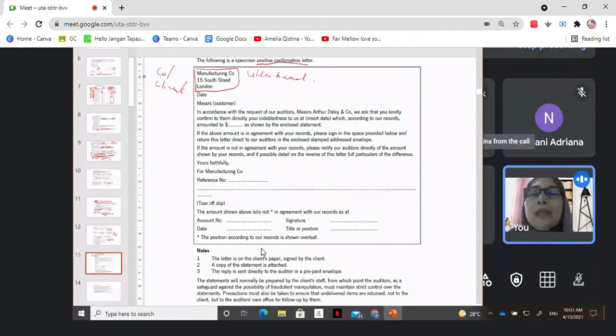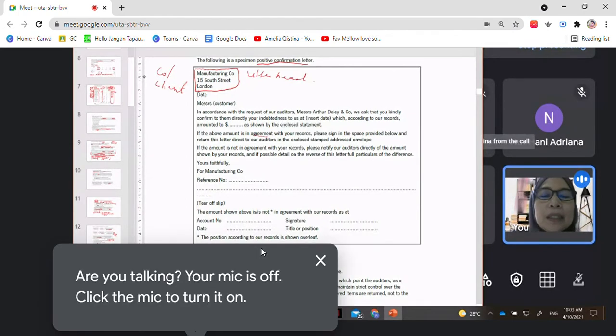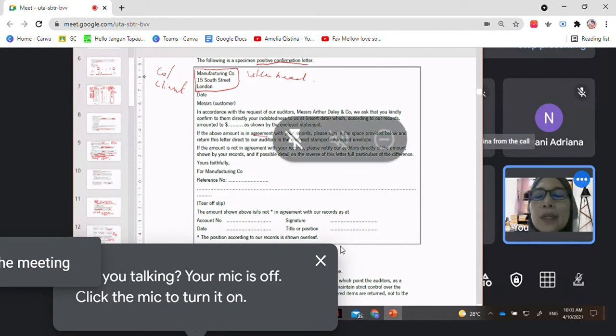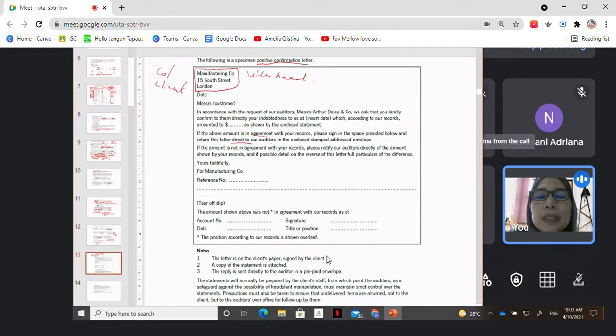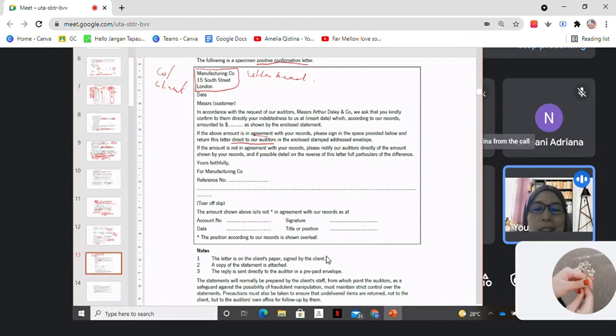Okay, and the date, the amount, and if the above amount is in agreement with your record, please sign in the space provided below and return this letter direct to our auditor. It must be written directly to the auditor in the enclosed stamped addressed envelope. So the client's clerk should enclose the stamped addressed envelope to the auditor.